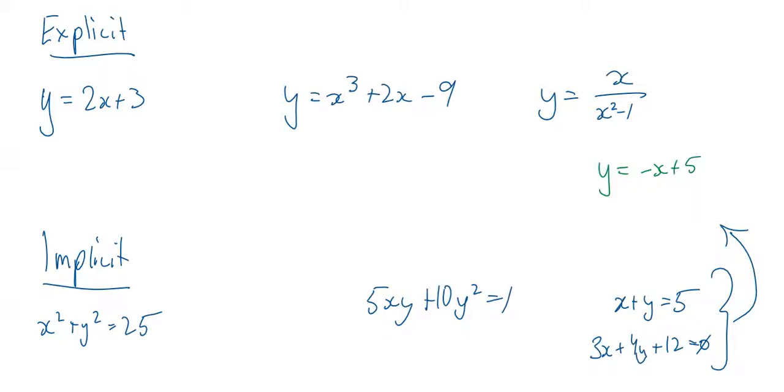Or in the case of the second one, y equals negative 3 over 4 x minus 3. So I've solved those and now they are explicitly stated, whereas before they were implicitly stated. So you can sometimes switch back and forth between them.